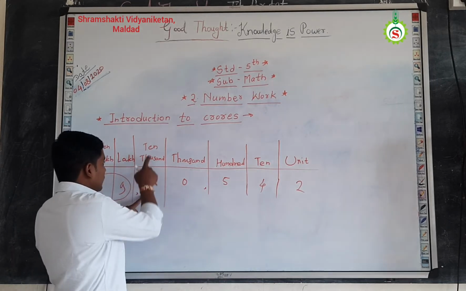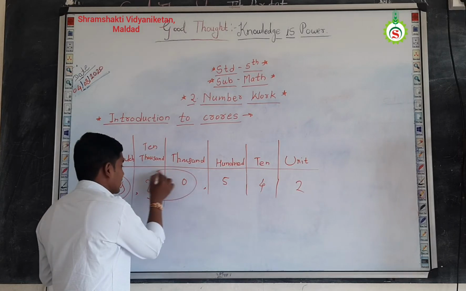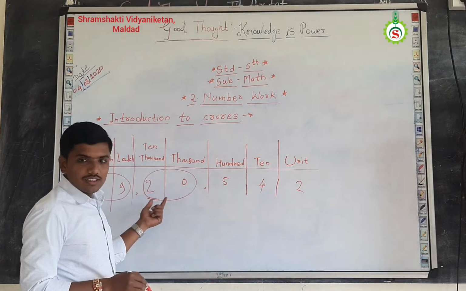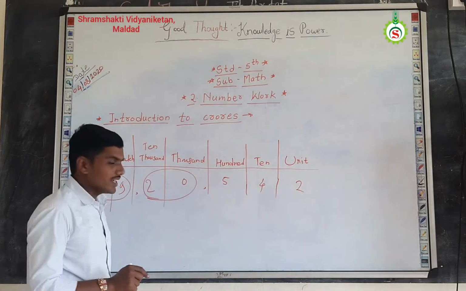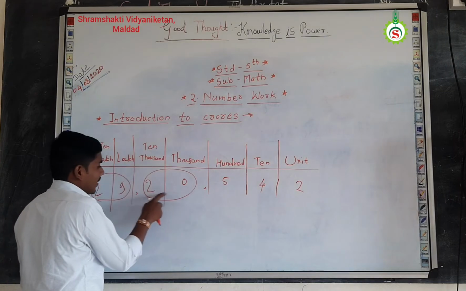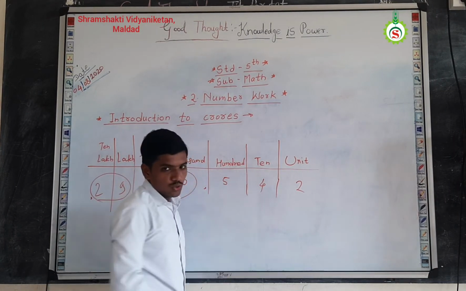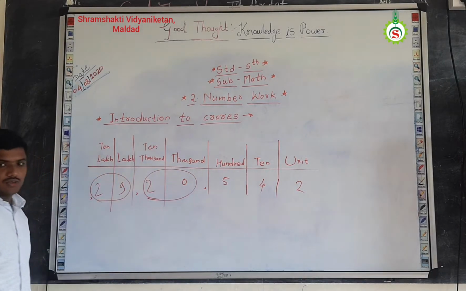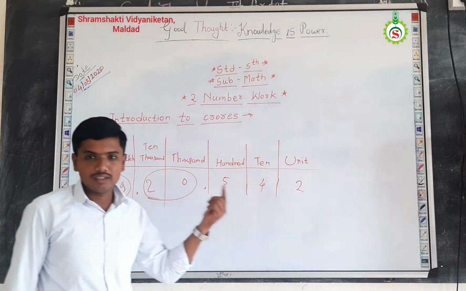Again, 2 is present at ten thousand, so I combine it with the next digit: 2 and 0 is 20, so 20,000. So the number is 29 lakh 20,542. Like that I am able to read the given number.